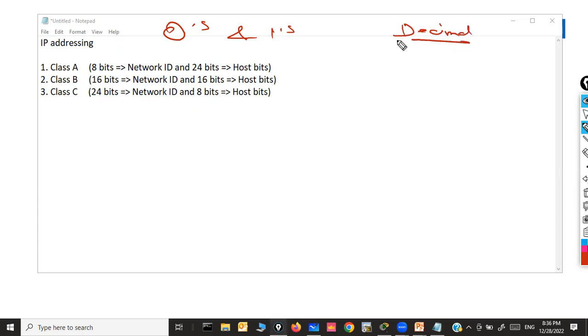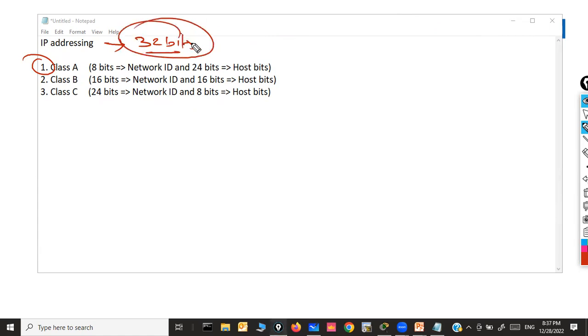So IP address representation is in decimal, but as we all know, computers understand only zeros and ones, that is binary.